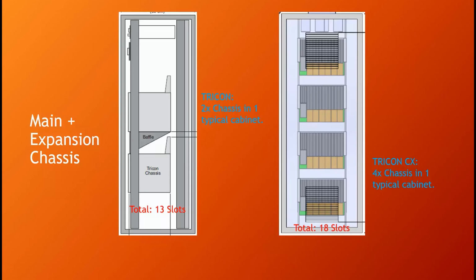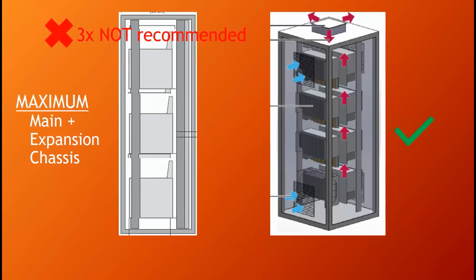Now note in this configuration, you usually leave the back of the cabinet for external termination panels. However, the maximum number of Tricon chassis you can fit in a regular cabinet would be 3, although it is not recommended. The total I/O slots for that would be 21.